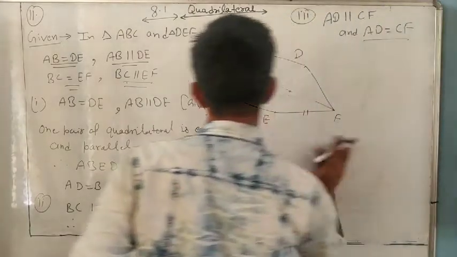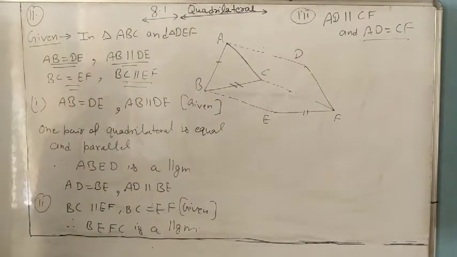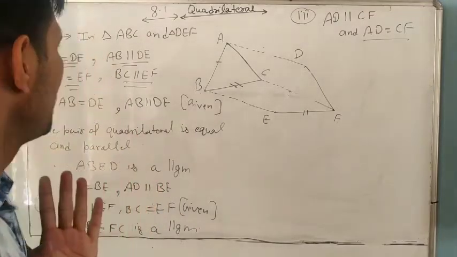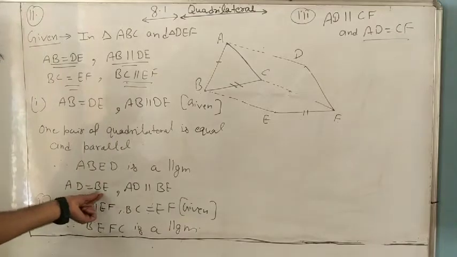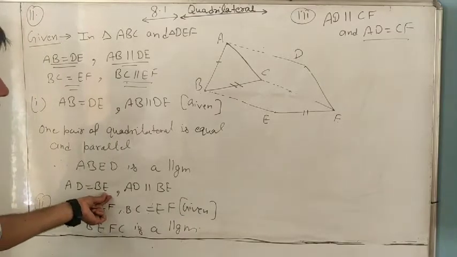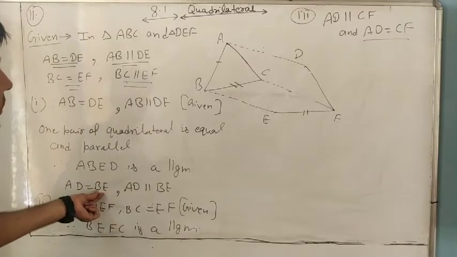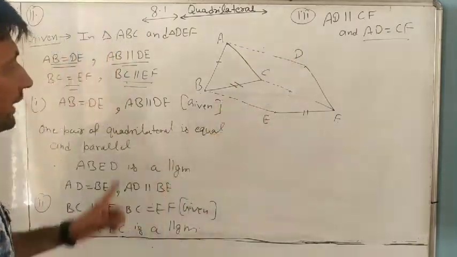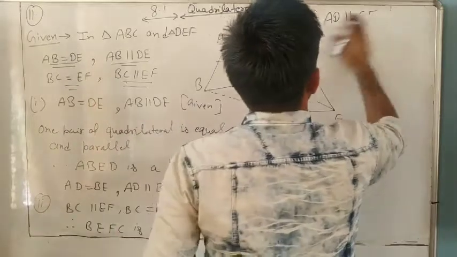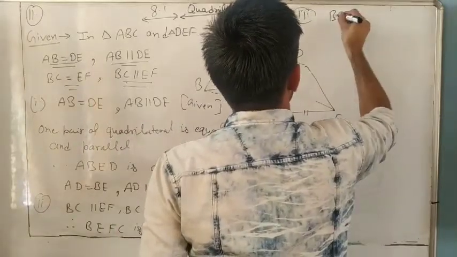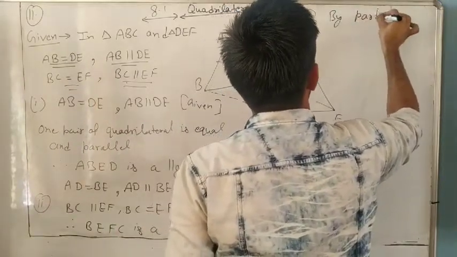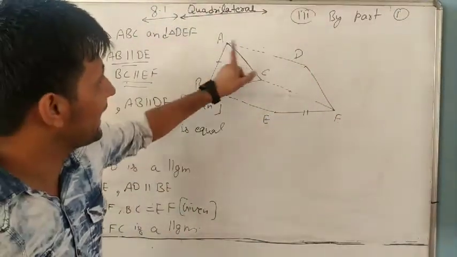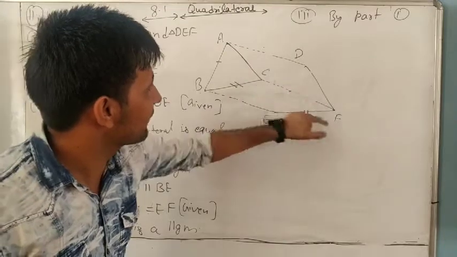In what case can you say that it is a parallelogram? First we observe, we will always use the first and second parts. We observe AD equal to BE. By part 1 we will use this, because we want to prove that ACFD is a parallelogram.